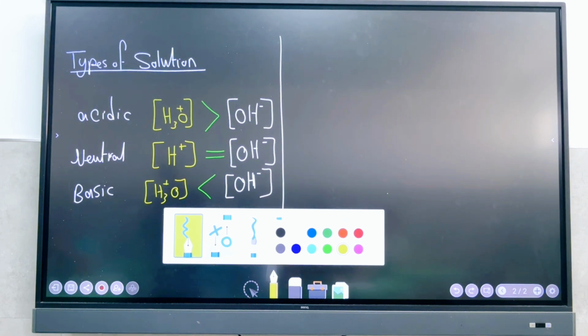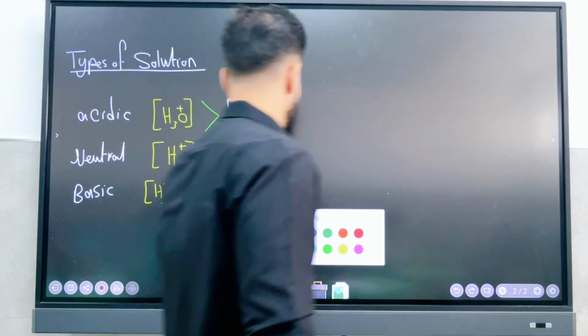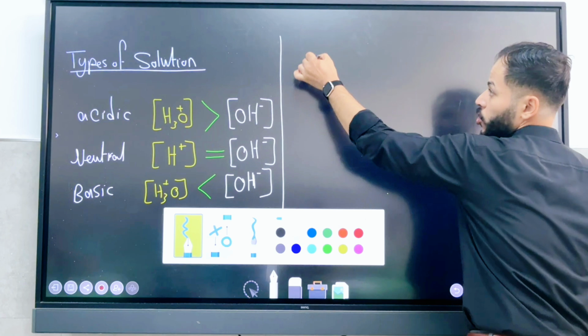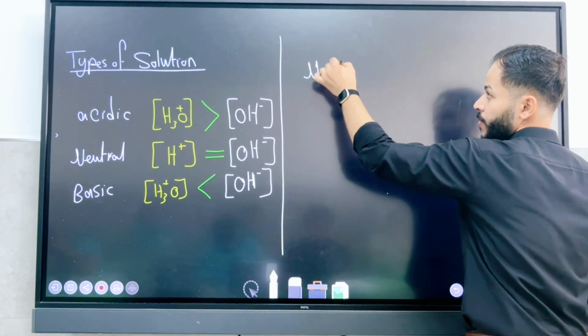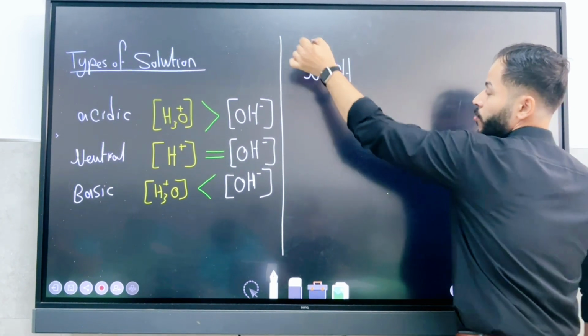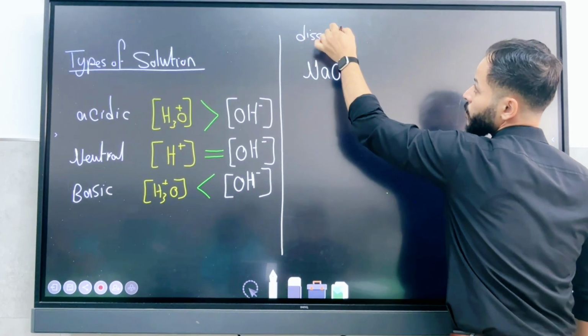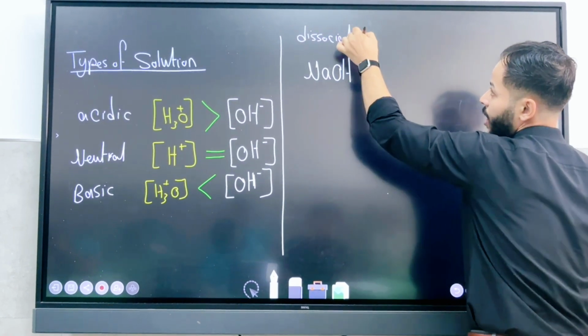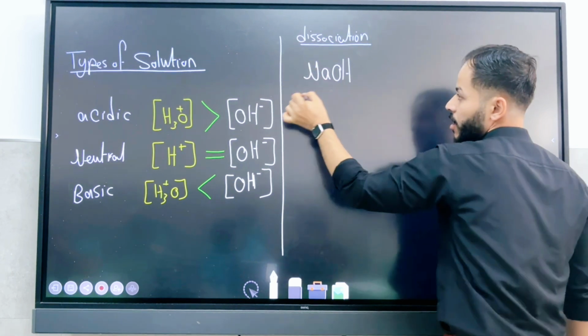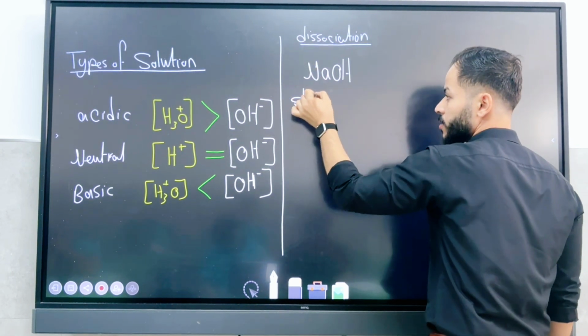It's page number 481. The example here gives you NaOH, which is an ionic compound, right? It undergoes dissociation, okay? And NaOH is a strong electrolyte.